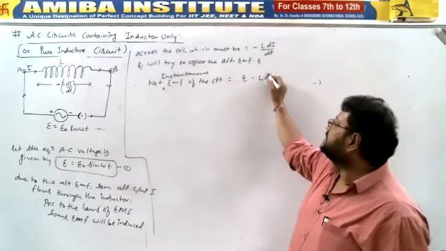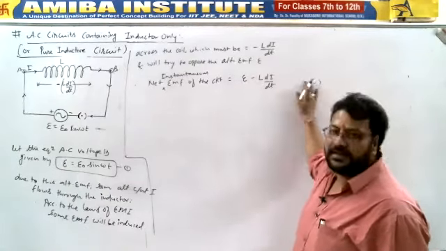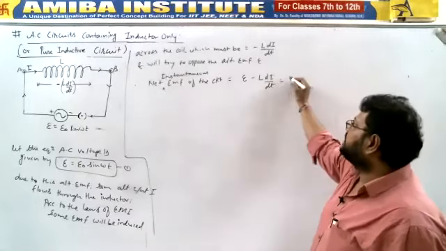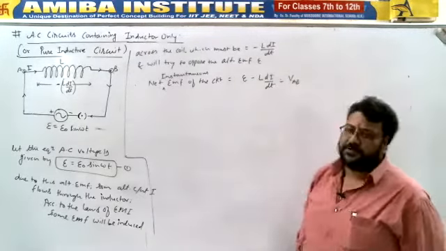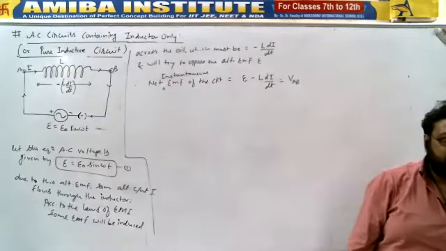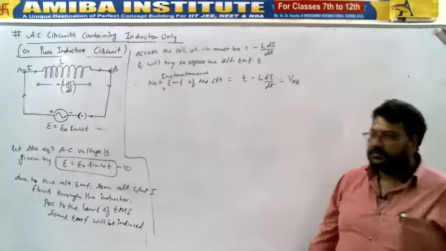E minus L di by dt. This is nothing but the potential drop, or potential difference, between the A and B terminals. I have shown it, right?